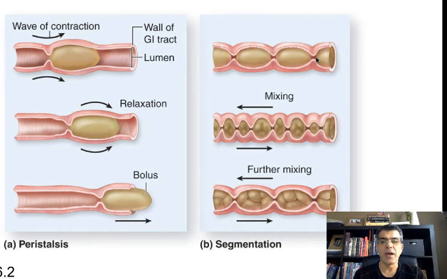So as you can see, by squeezing and relaxing and squeezing again, you are mixing this food with the enzyme that's released from the GI system, and also you're going to buy some time to make sure digestion is going to happen completely. So we have peristalsis and we have segmentation. Peristalsis moves the food forward. Segmentation is going to move it back and forth.